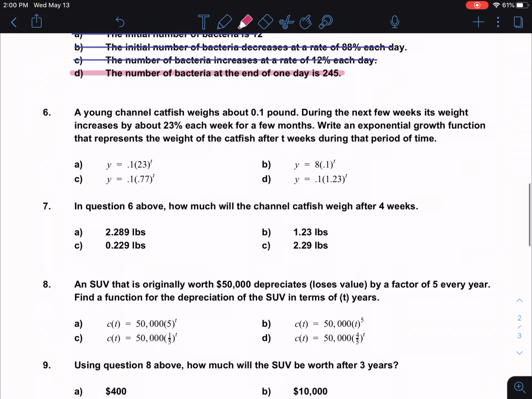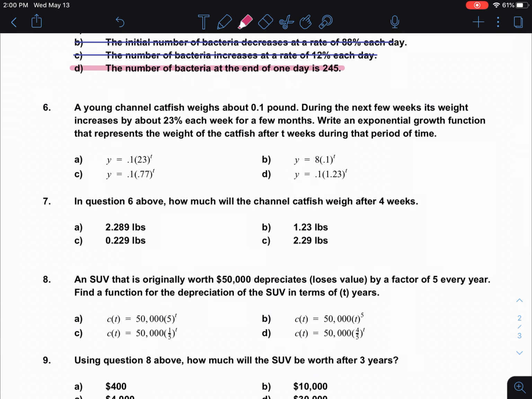6, a young channel catfish weighs 0.1 pound. During the next few weeks, its weight increases by 20%. So we've got an initial value right here, 23%, that's its growth rate, and then t, time. Okay, so we want that 0.1 for the initial value.